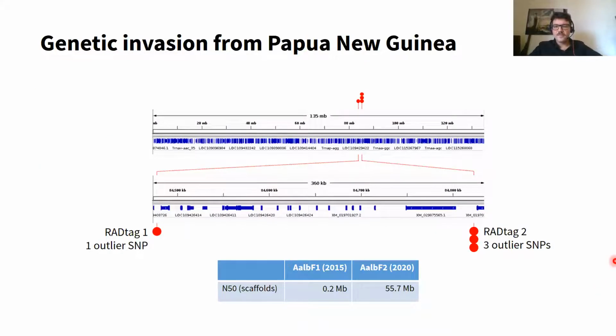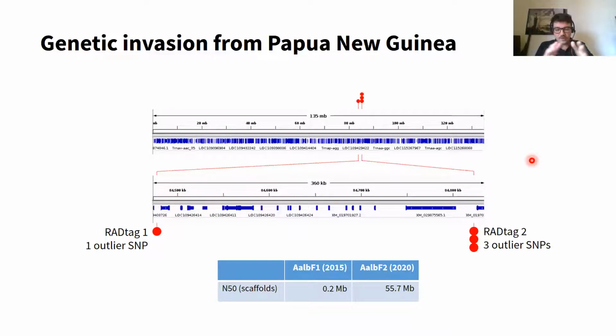And then finally, what we found is a sign of a genetic invasion from Papua New Guinea. We were looking for outlier SNPs that had strange structuring relative to the rest of the genomic context, and specifically SNPs where there are multiple SNPs together in a linked region, so we're seeing linkage.